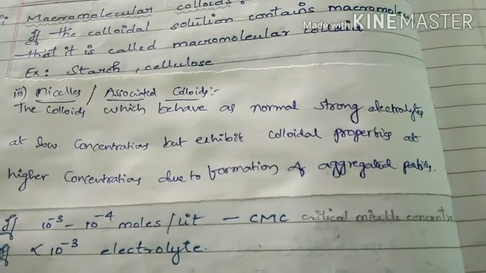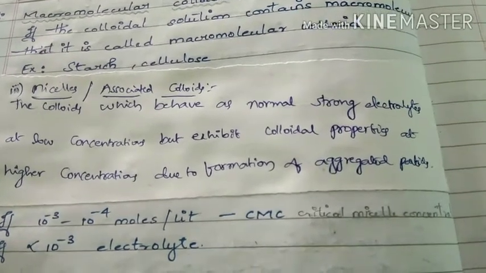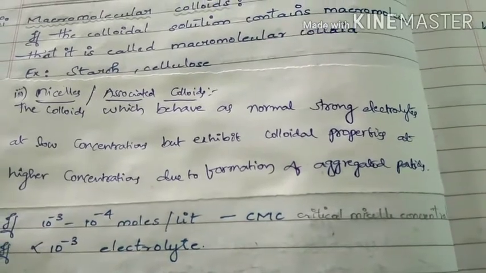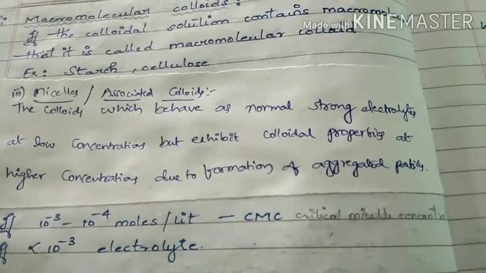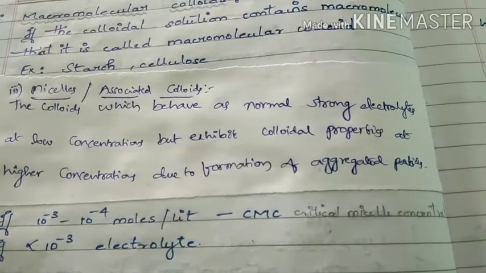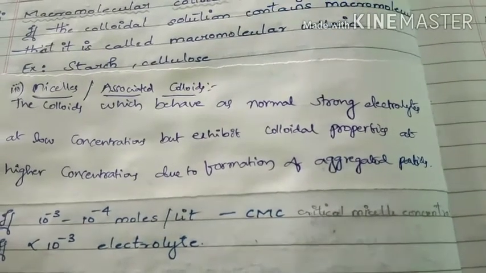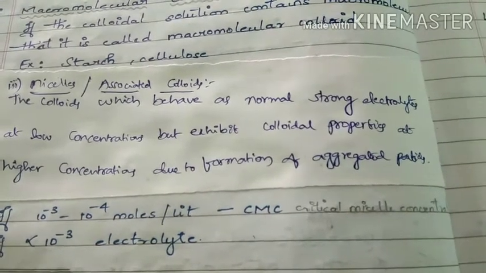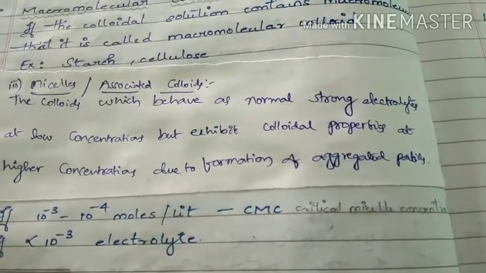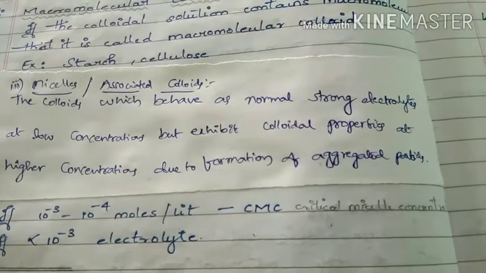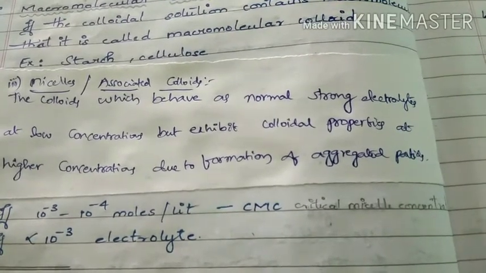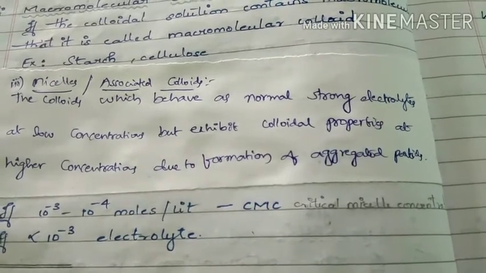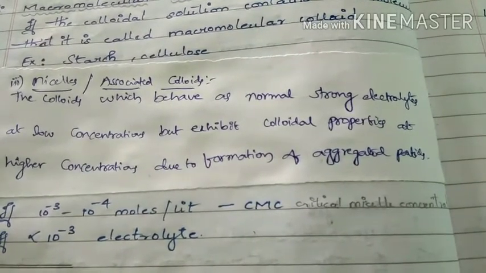The colloids which behave as normal strong electrolytes at low concentrations but exhibit colloidal properties at higher concentration due to formation of aggregated particles. That means at lower concentration they act as electrolytes, not colloidal solutions, but at higher concentration they act as colloidal solutions due to formation of aggregated or associated particles.